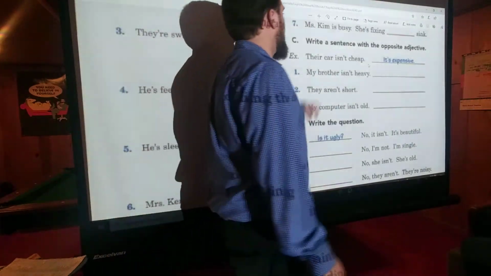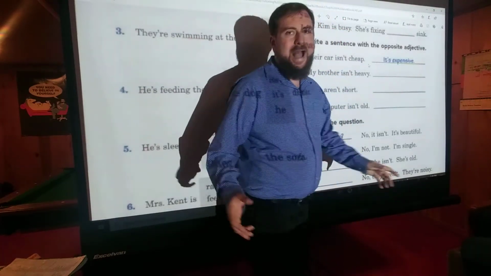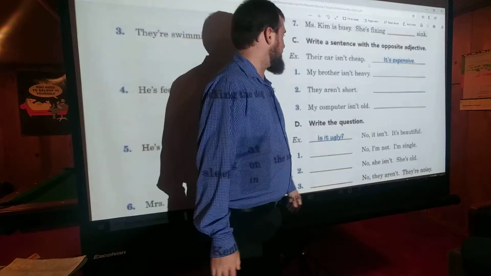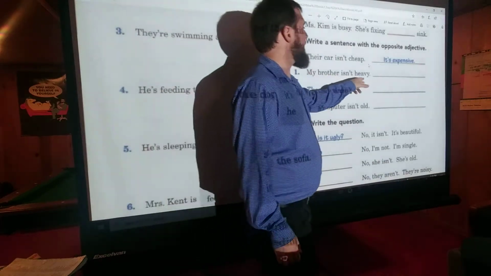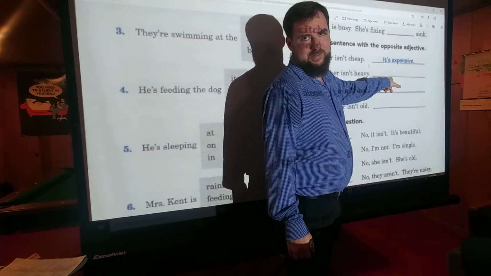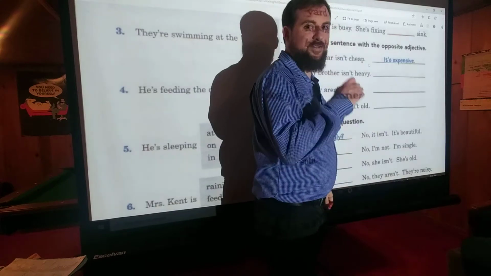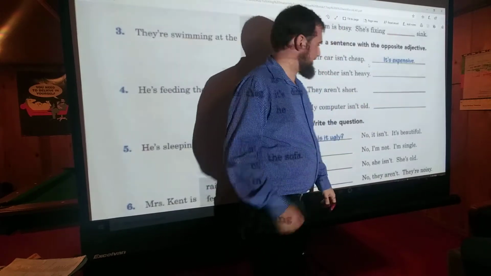Section C. Write a sentence with the opposite adjective. Good old opposites. Okay? So we already did this one. My brother isn't heavy. He's thin. H-E-apostrophe-S T-H-I-N. Period.